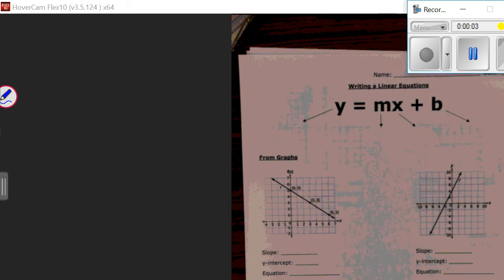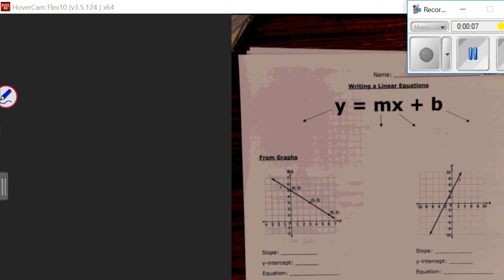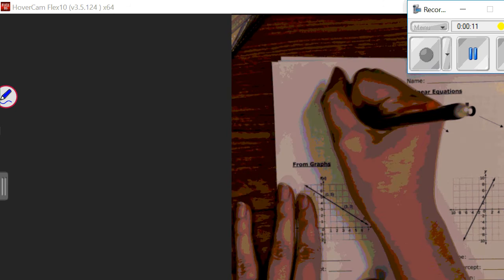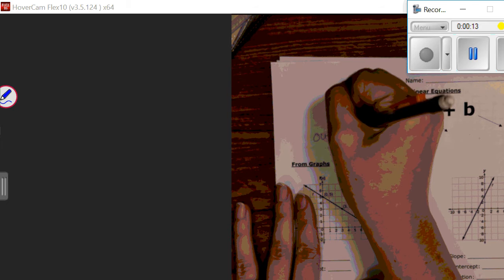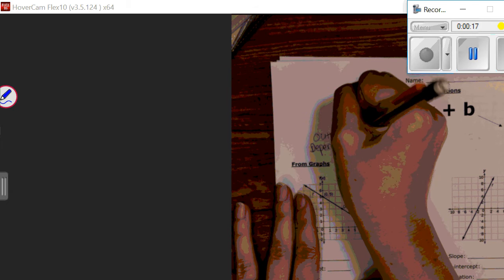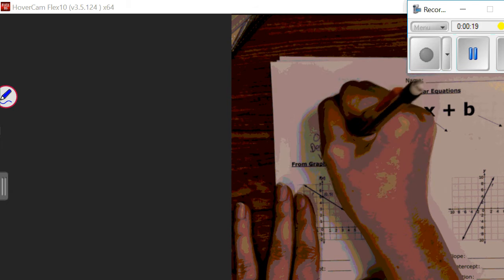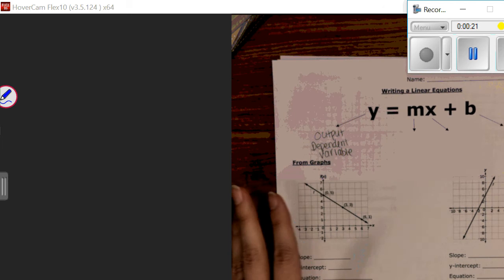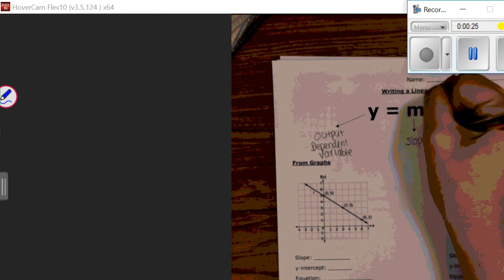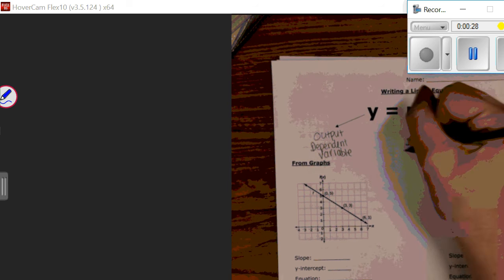Okay, our goal is to write an equation from a graph and table and situation. So let's review our parts of an equation. Our y is our output or dependent variable. Our m is our slope or rate of change.